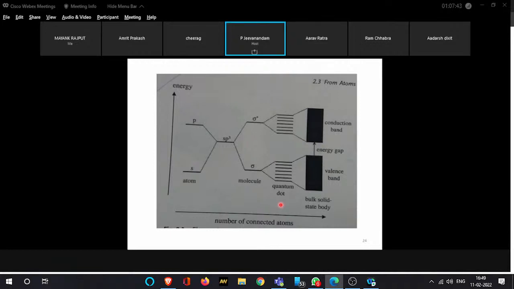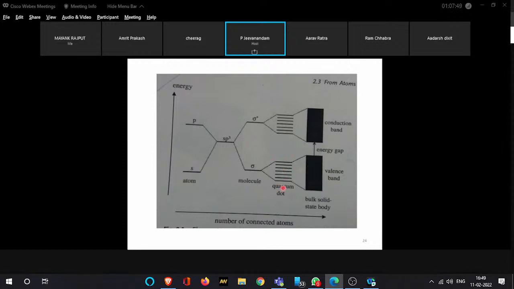It has only a few cadmium selenide molecules, and you can see that the discreteness of the energy levels is still there. This discreteness almost disappears when you go to a bulk solid, where the energy levels are so closely spaced that you call them a band.